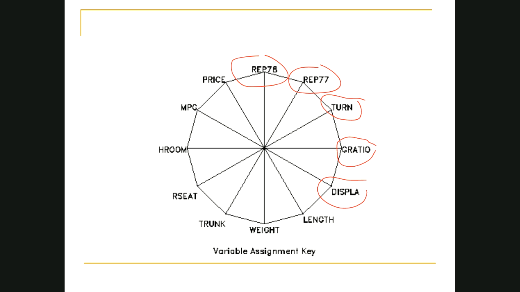Displacement, so how wide they are, how long they are, weight, trunk space, rear seat headroom, miles per gallon, and price. Oh, displacement, this may be the engine, how big the engine is. Okay, so those are the dimensions, and here are a number of cars.